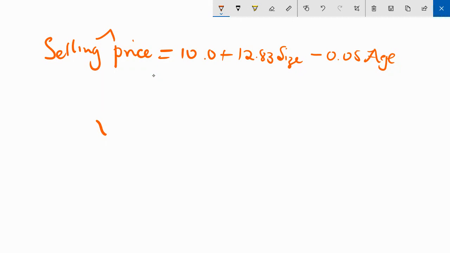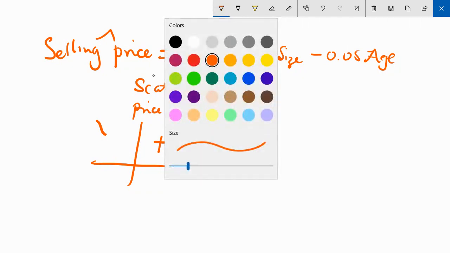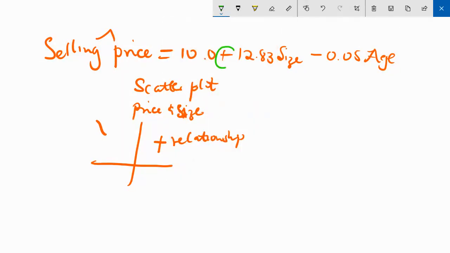So when you find the scatter plot of price and size, what type of relationship are you expecting? A positive relationship. Why am I saying that? Because beta 1 is positive.